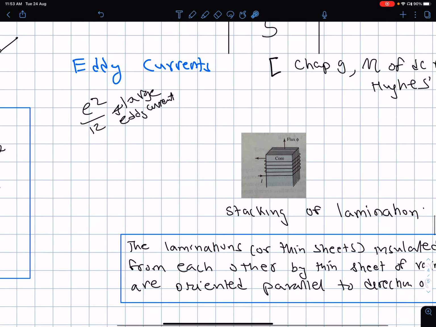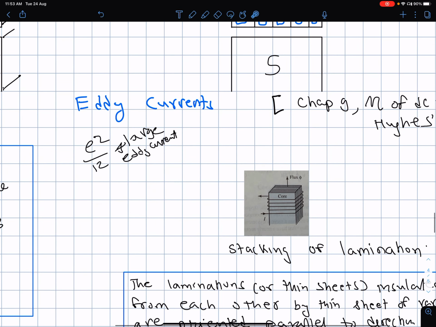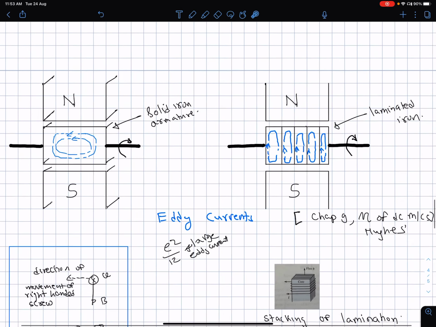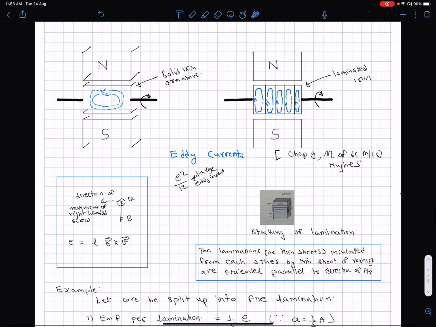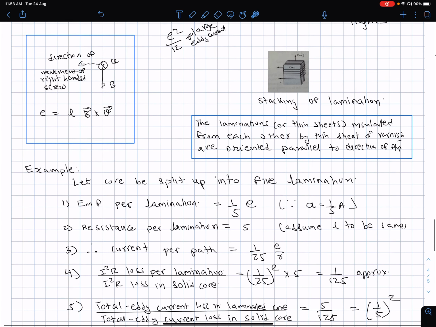Instead, because of the low resistance path, the moment they hit that insulation, they will turn around and loop back. So instead of going like this all through, there will be small eddies. We have broken the big eddies into small eddies. That's what we have done here. Now let's see how it helps.